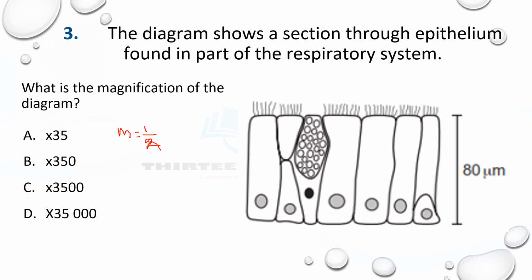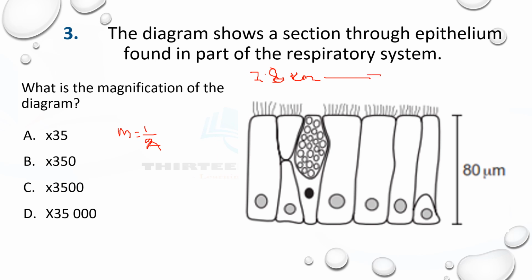Remember what I said: that length is about 2.8 centimeters, and I want to convert it to micrometers. Remember what I taught you, that you have to convert centimeters or millimeters to micrometers.